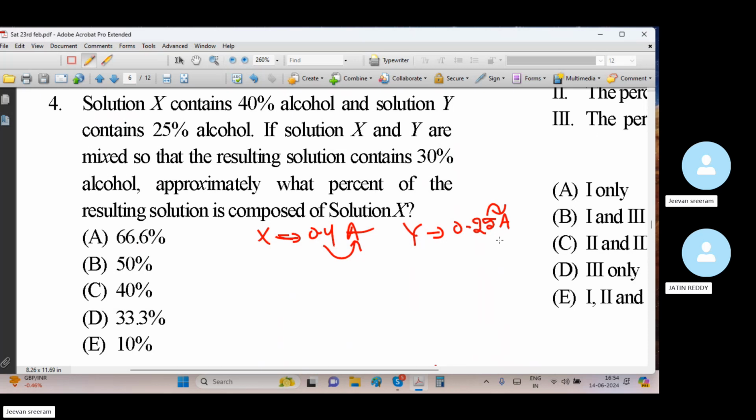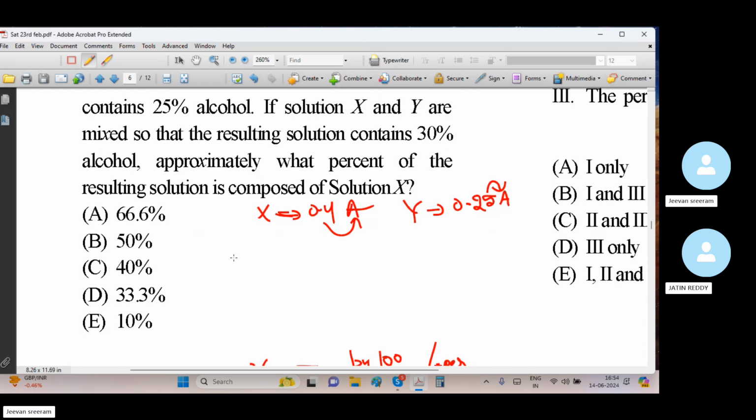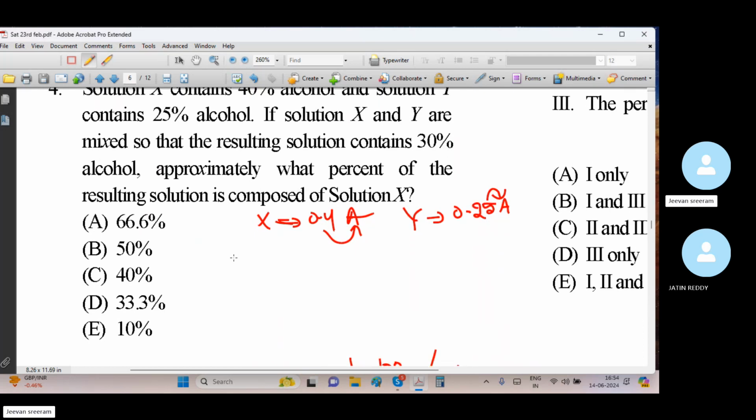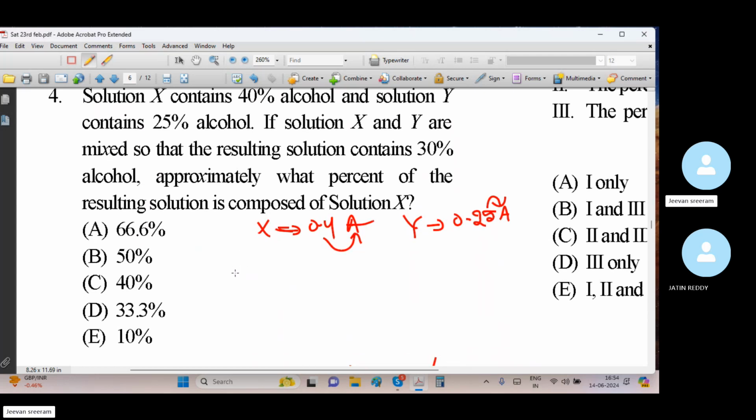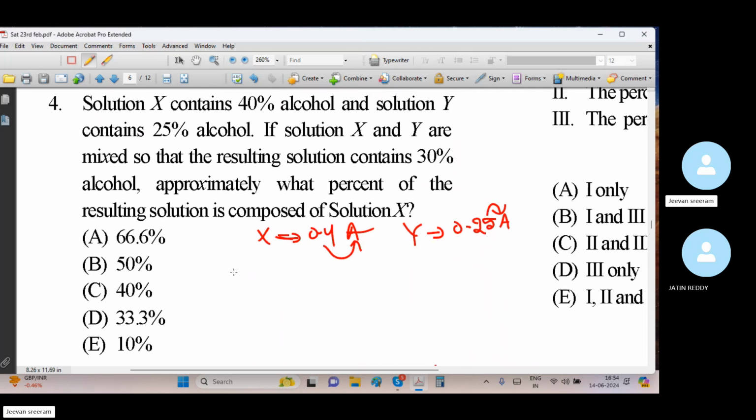If X and Y are mixed so that the resulting solution contains 30% alcohol. X and Y have been mixed, right?